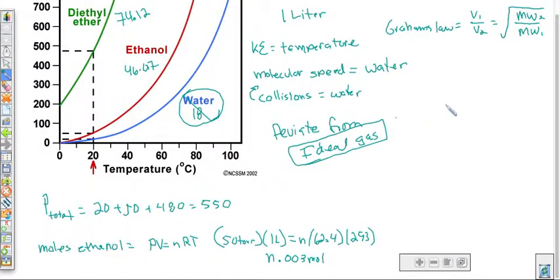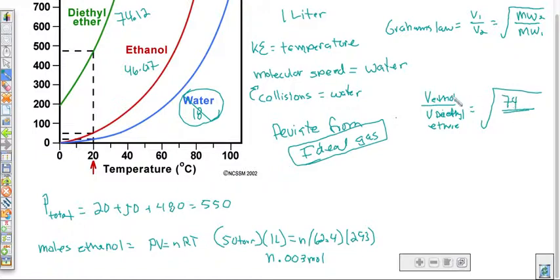So what is the ratio of speed of ethanol to diethyl ether? Well, let's go ahead and do that. So the velocity of ethanol, sorry, you know what I mean, to the velocity of diethyl ether is, sorry about that, kids, equal to the square root of their molecular weights.